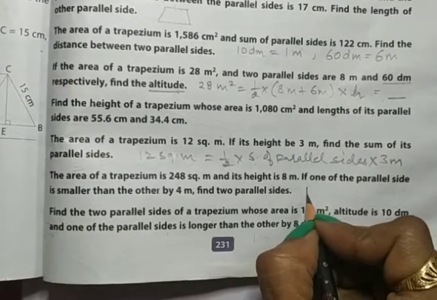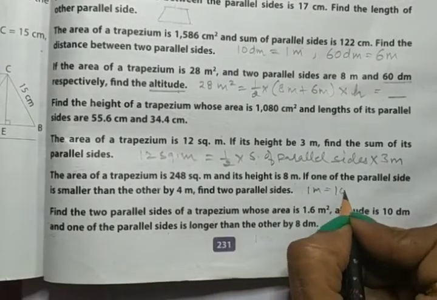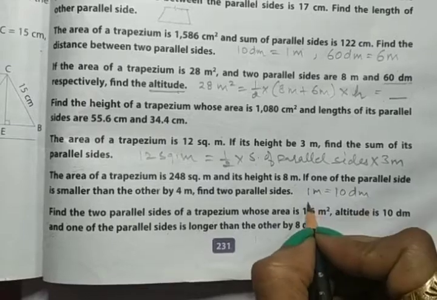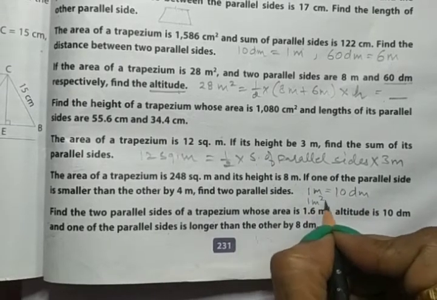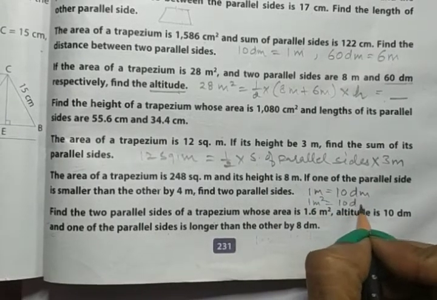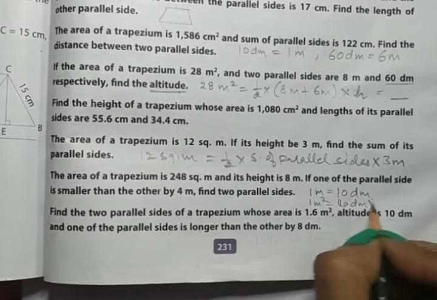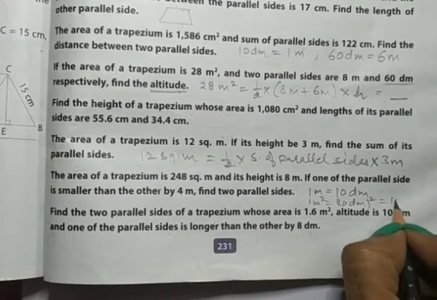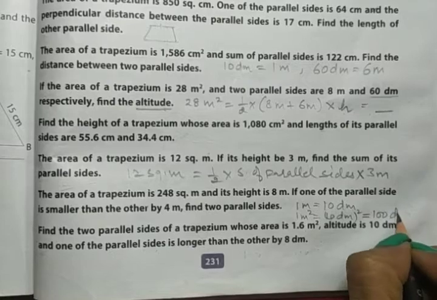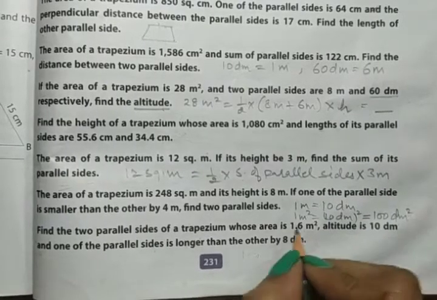As we know, 1 meter is equal to 10 decimeters and 1 meter square is equal to square of 10 decimeters, and that is equal to 100 decimeters square.